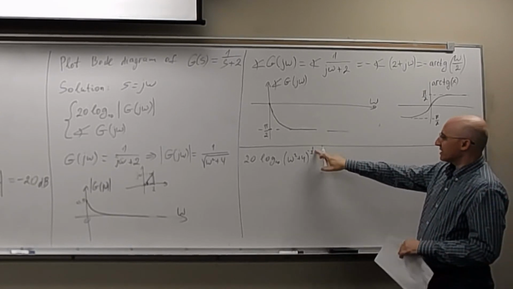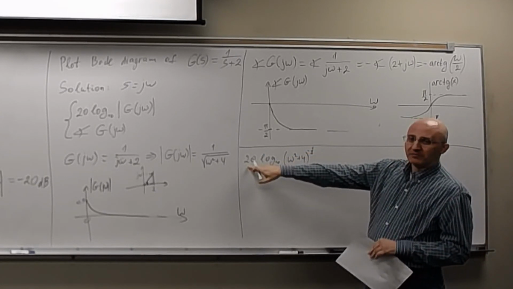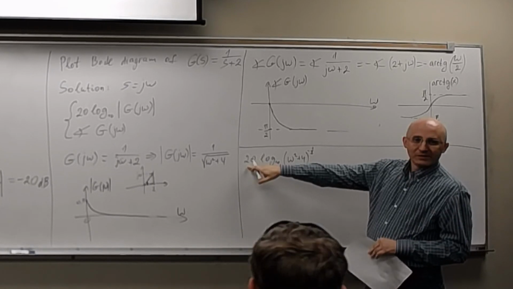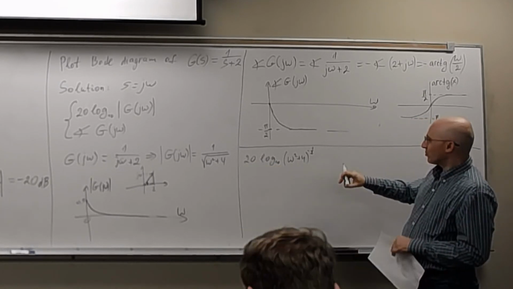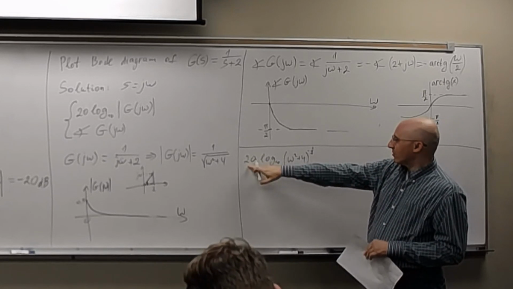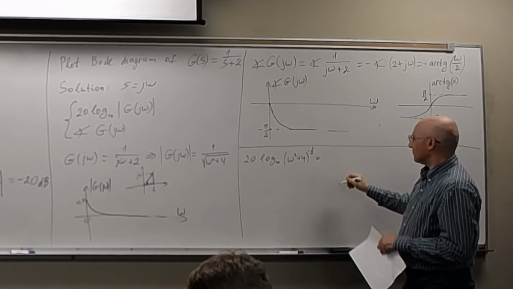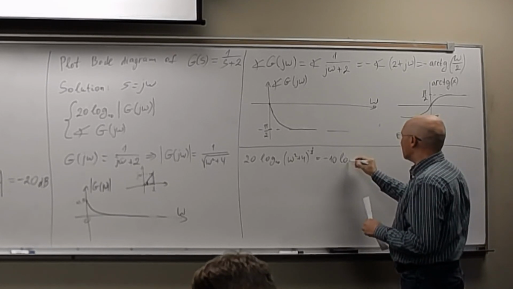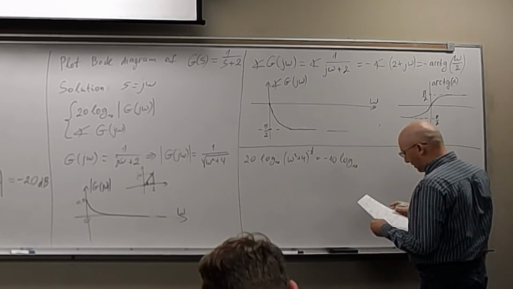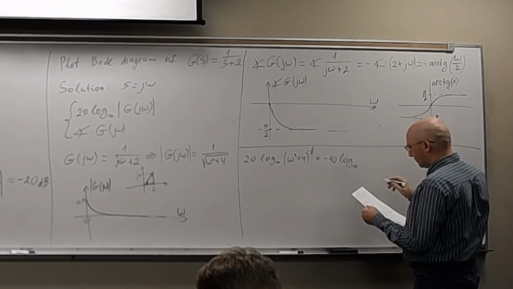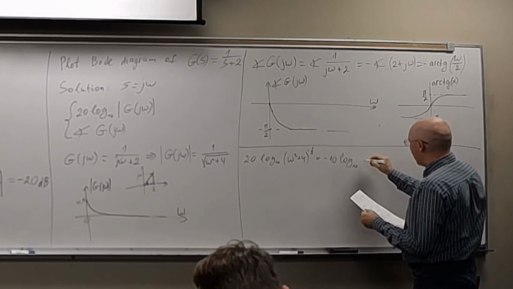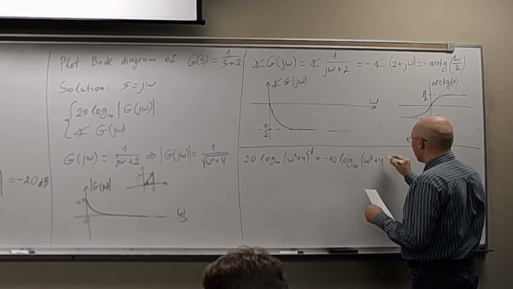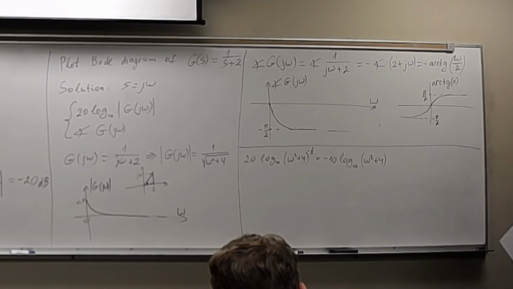So minus 1/2 will multiply 20 by the rules of logs. Remember those rules? So it will be minus 10 log 10 of omega squared plus 4. Okay? So this is how it will look like.